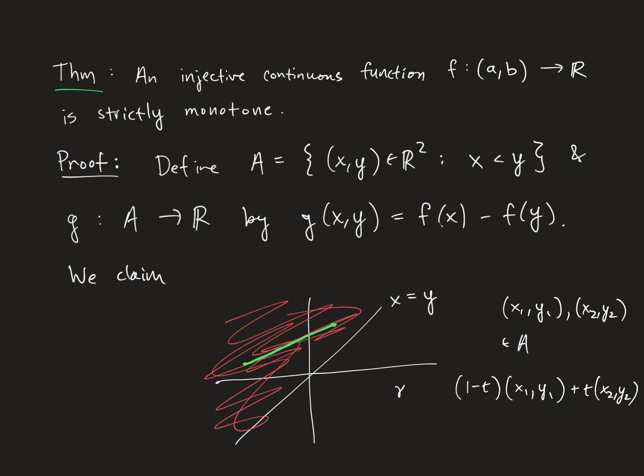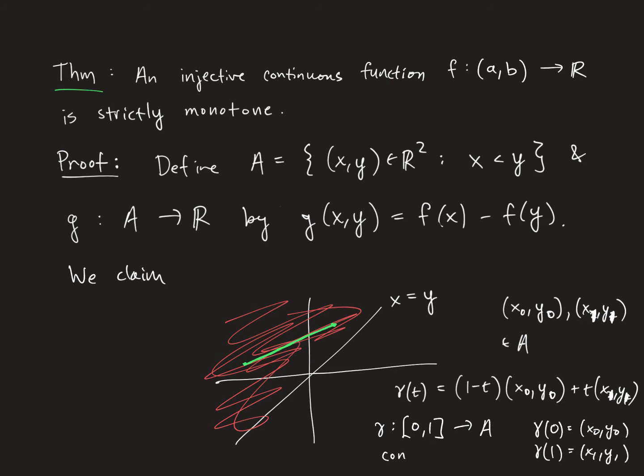So if we say gamma of t is that, then gamma is a continuous function from 0, 1 into the set A, such that gamma of 0 is x0, y0, and gamma of 1 is x1, y1.